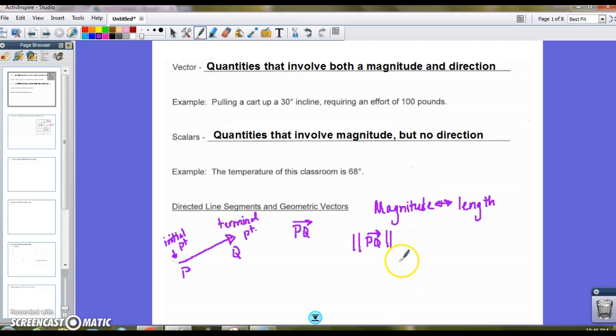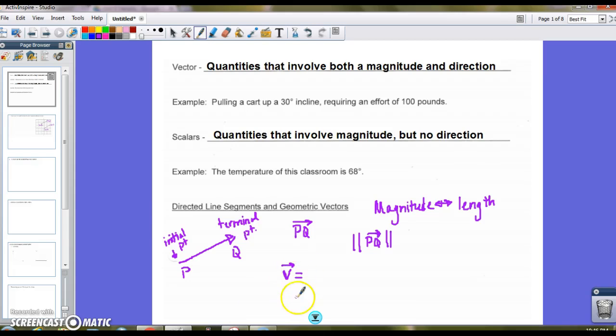This is just a little bit about notation. When you are talking about a vector, in print it'll usually just be a bold letter, but when we write it, we put an arrow over it to signify that it's a vector. So if you look in your book or when you're doing the homework problems, you won't necessarily see the arrow over it. You'll just see a lowercase letter that's in bold.